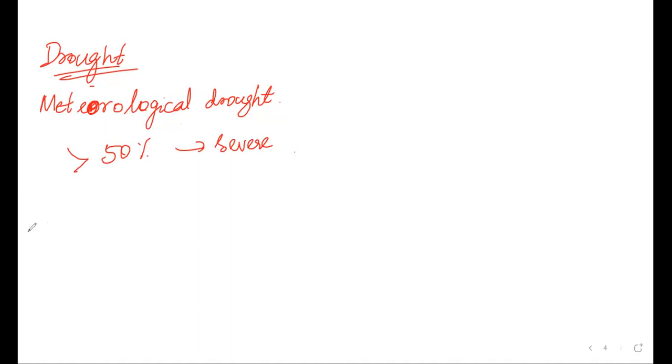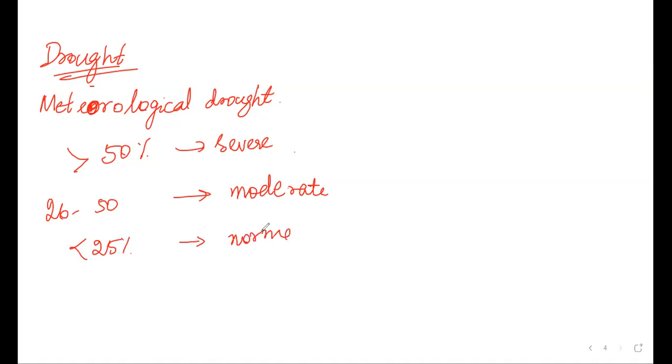If it is between 26 and 50%, we term it a moderate meteorological drought. And if it is less than 25%, it is a drought, but a normal meteorological drought. Then it becomes a moderate drought, and then finally a severe one.